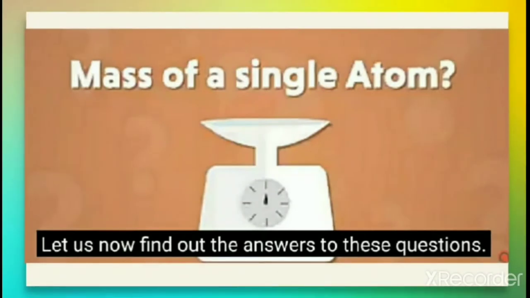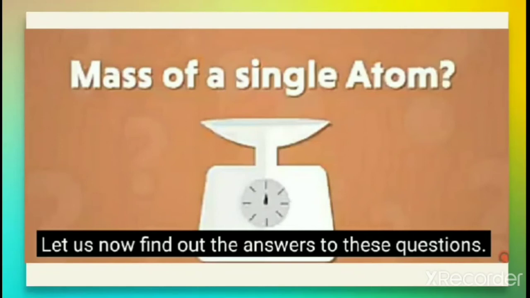As we discussed, an atom of an element is such a small particle that its mass cannot be determined even with the help of the most sensitive balance. Their value is extremely small, so it is very inconvenient for calculations.